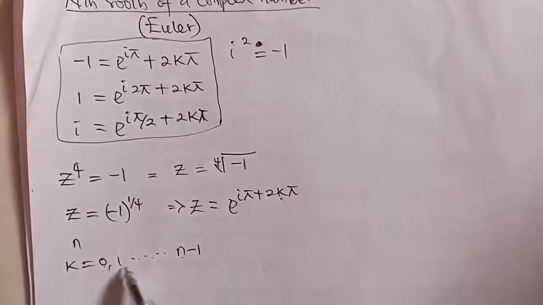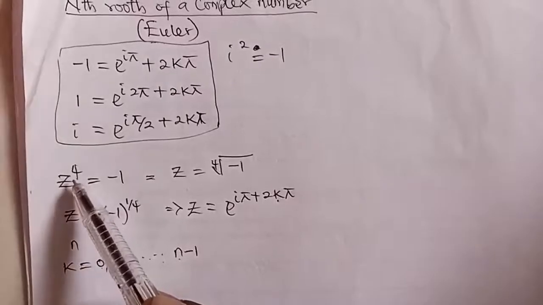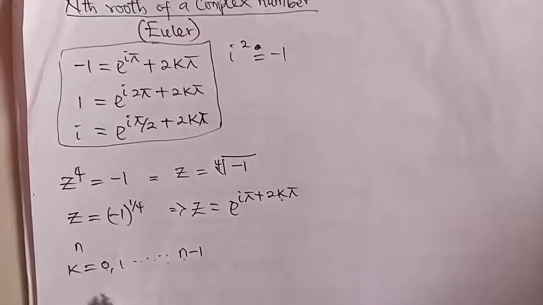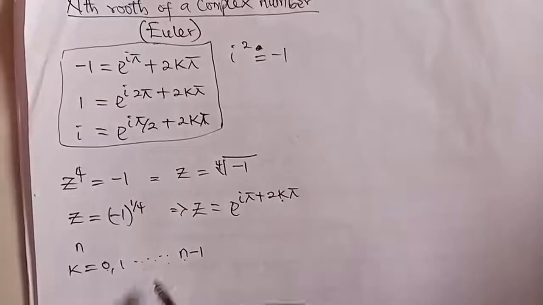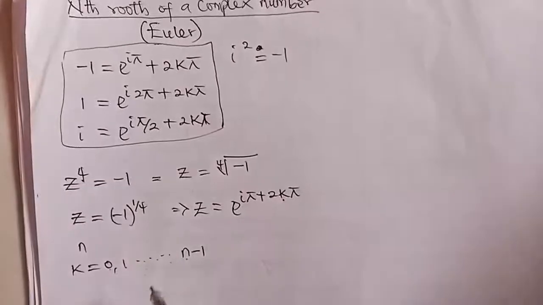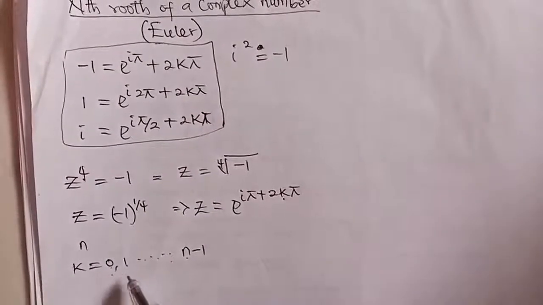If we have something like 5, the value for k will go up to 5 minus 1, 4, so we'll have 0, 1, 2, 3, and 4. If we have 3 as the power, we're going to have 3 minus 1, 2, so k will be 0, 1, and 2.